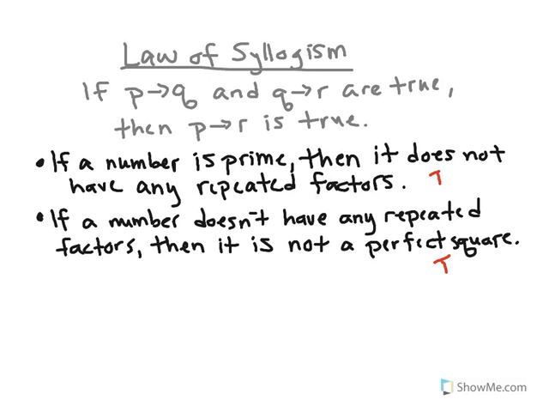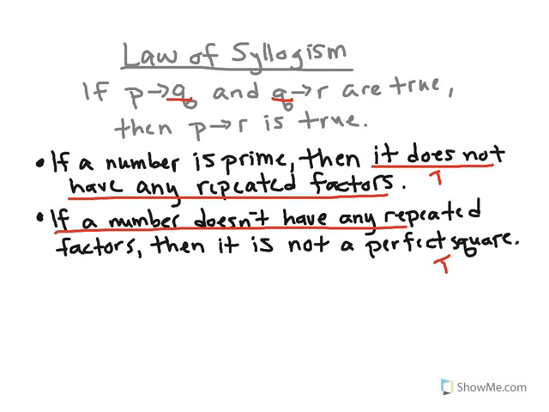So let's take a look at the rules here. Look back up at the top. It says first that if P then Q. Now this Q is the same exact Q as this. So in order for this to work, the conclusion of my first statement, it does not have any repeated factors, must be the hypothesis of the second statement. So they kind of overlap each other.